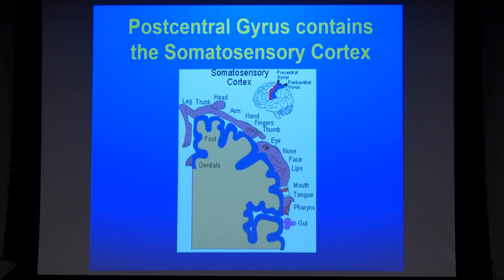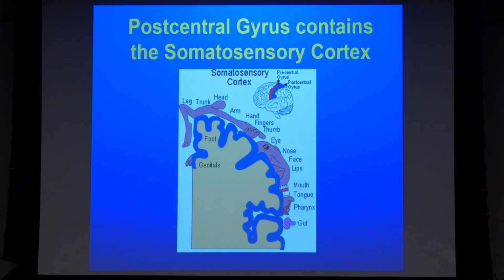And that postcentral gyrus contains the 6 neuronal cell bodies as part of its cortex that is receiving all this information coming in from the thalamic relay neurons. So the thalamic relay neurons, the third-order neurons, are now sending processes up and forming synapses onto the neural cell bodies in this region. And this is what Wilder Penfield found.